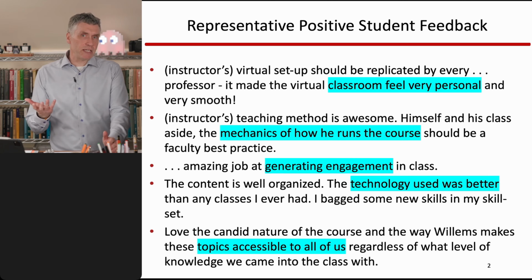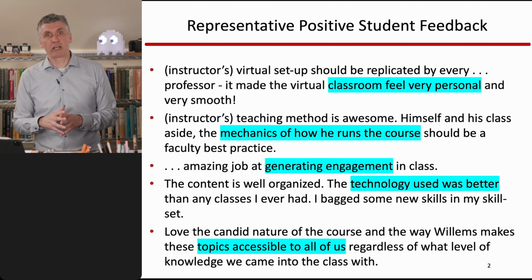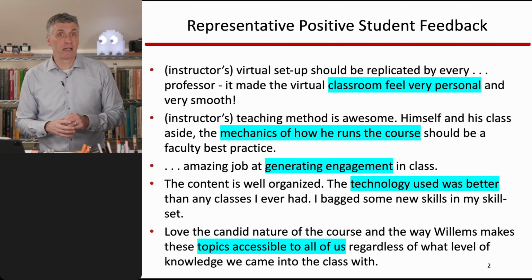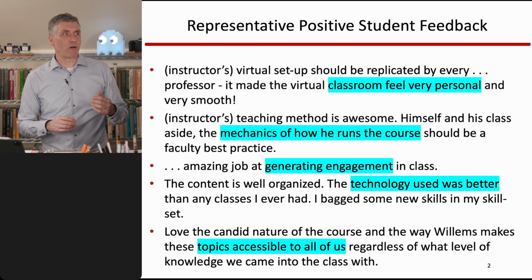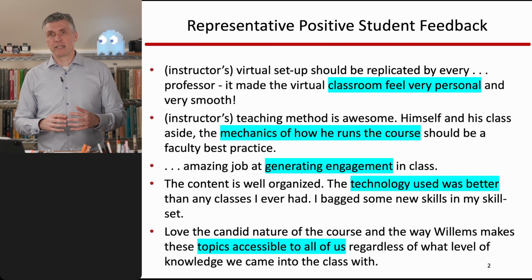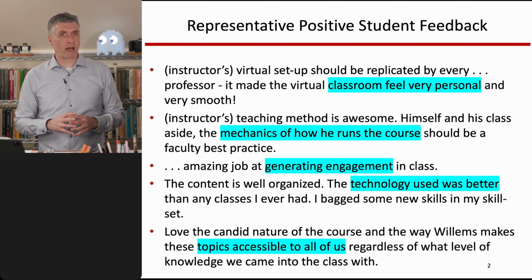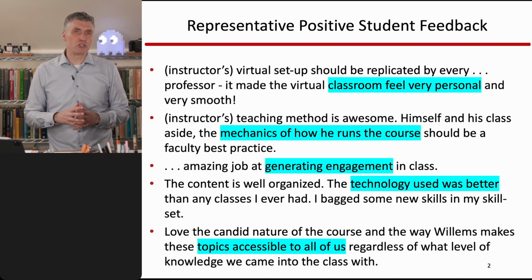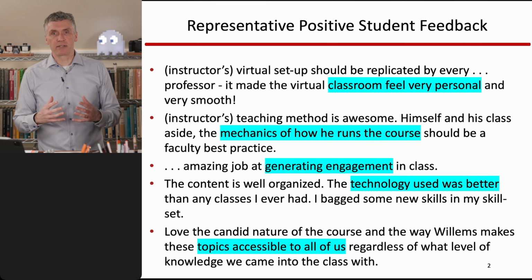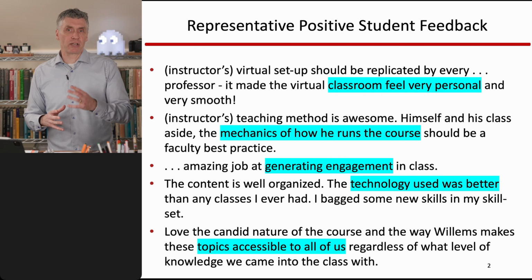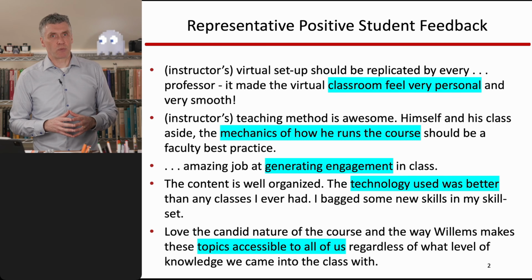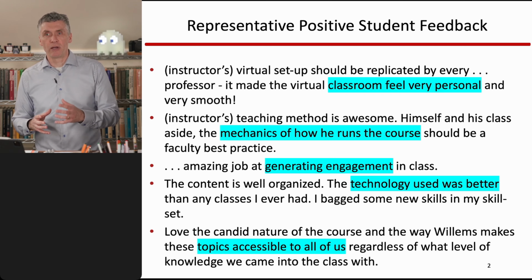And so these are examples to me of representative positive feedback, taken verbatim from these evaluations. The virtual classroom felt very personal. The mechanics of how the class is run should be a best practice. It did a good job of generating engagement. Technology was used better than in other classes.